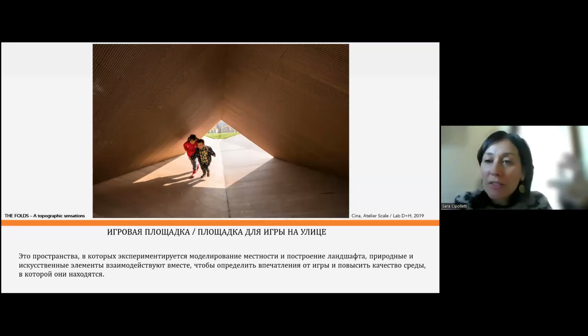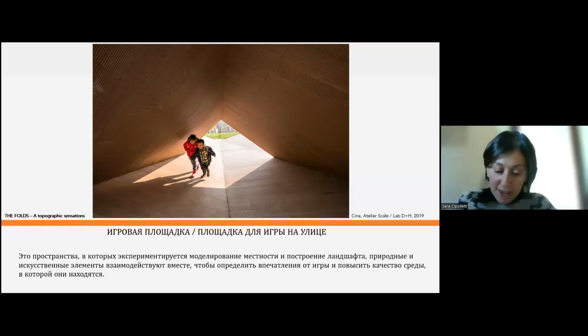So it's a topographic project, a topographic design, and gives topographic sensation experience to children. So in a way, this project constructs a landscape, no? The natural and the artificial element cooperate together to determine the experience of the play and to raise the quality of the environment in which they are placed.